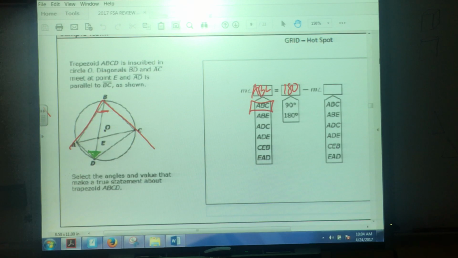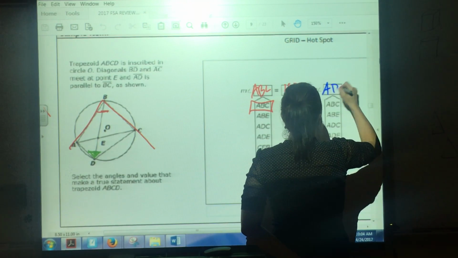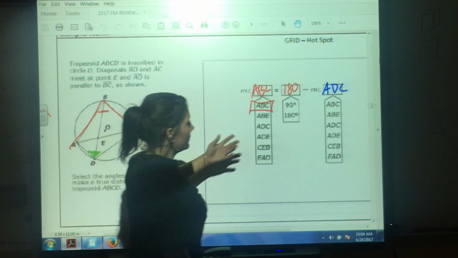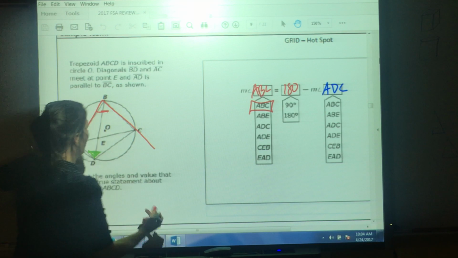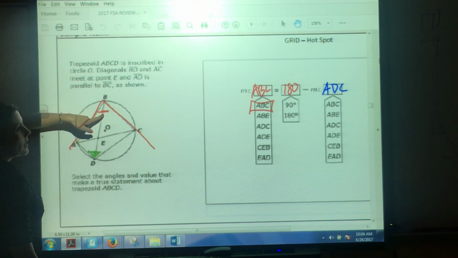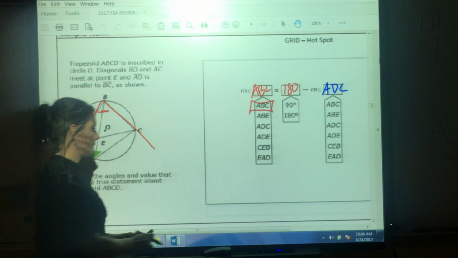It'll be that one, ADC. Because you're going to have to go through the options on your test, but I already know we start with this one. If I take 180 and I subtract that, I get the measure of that, right? Okay.